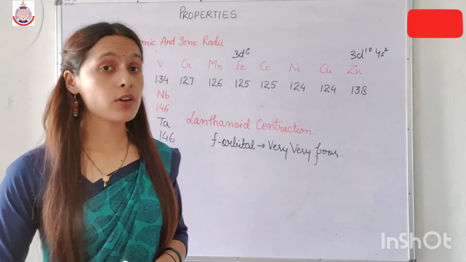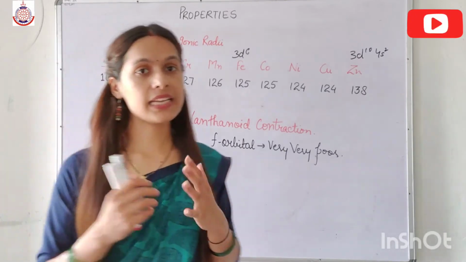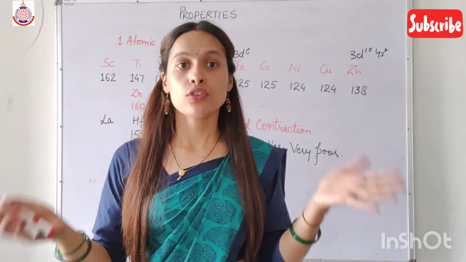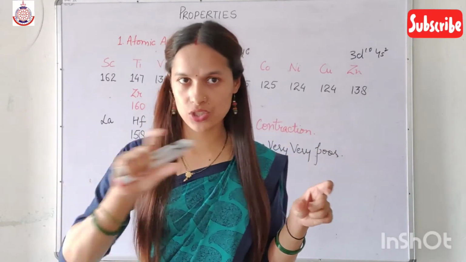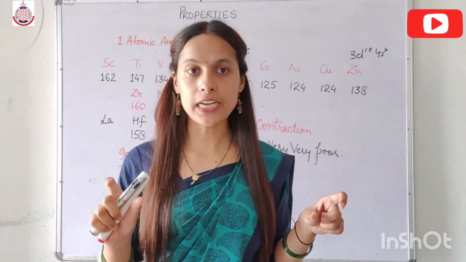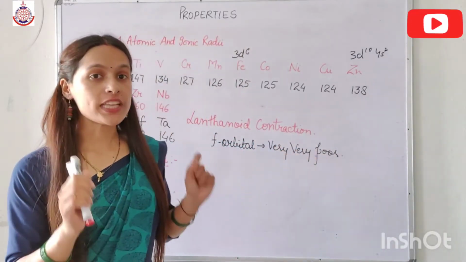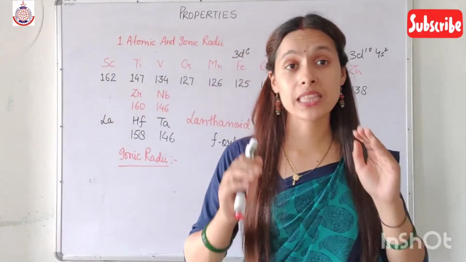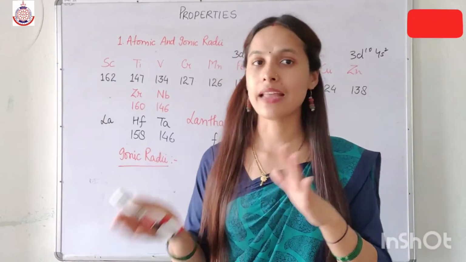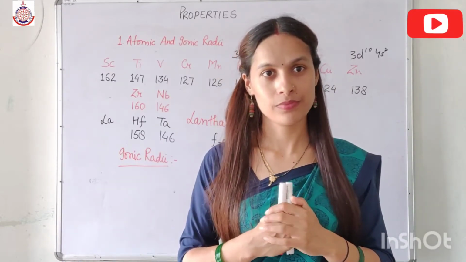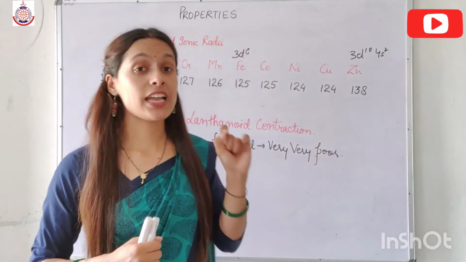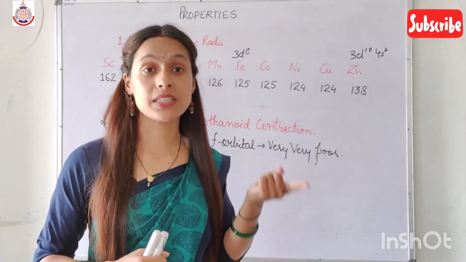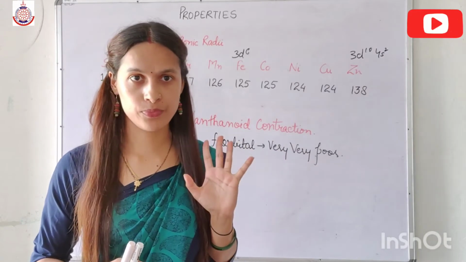But if we compare the ionic radii of the d block elements with the s and the p block, if we talk about a particular period, the ionic radii of d block elements are always less than the ionic radii of the s and the p block elements. Clear? आयनिक रेडियाई जो डी ब्लॉक एलिमेंट्स का होगा वो एस और पी ब्लॉक एलिमेंट से हमेशा छोटा होगा.